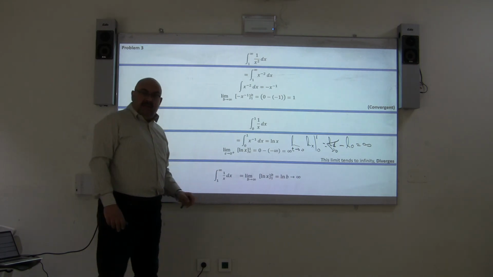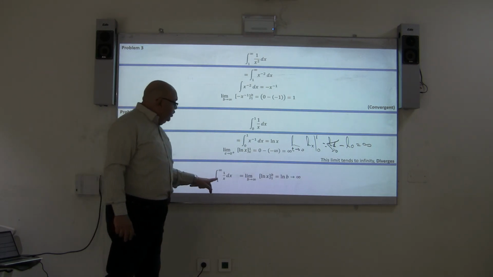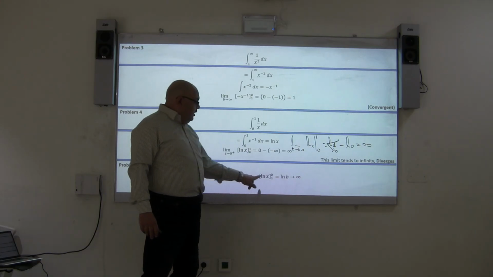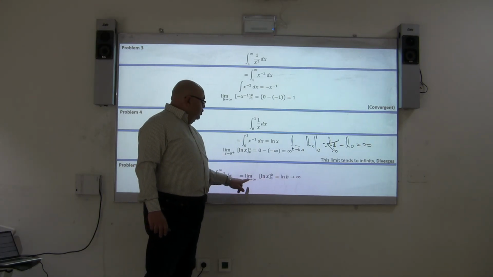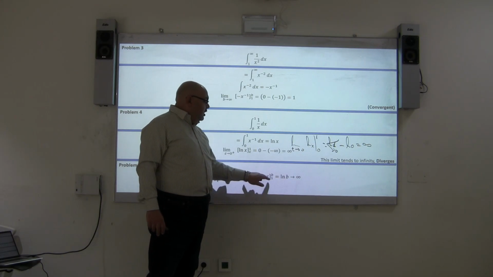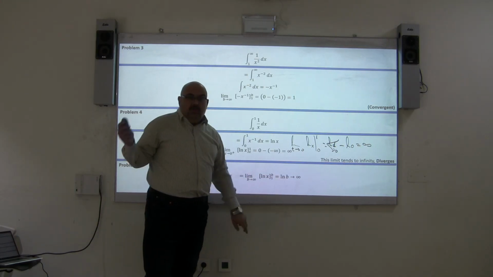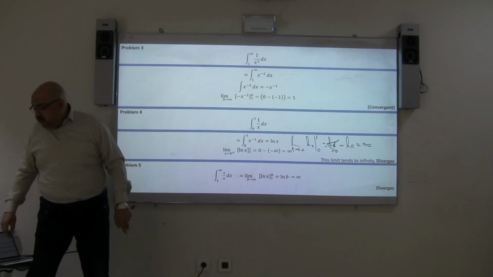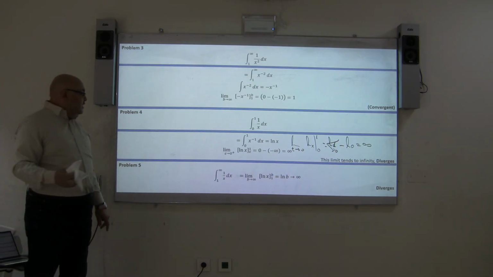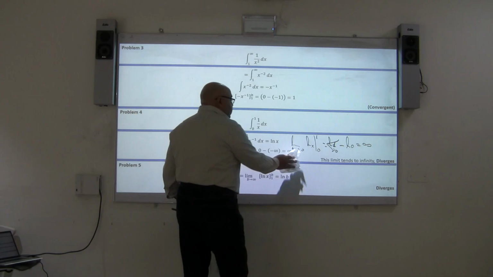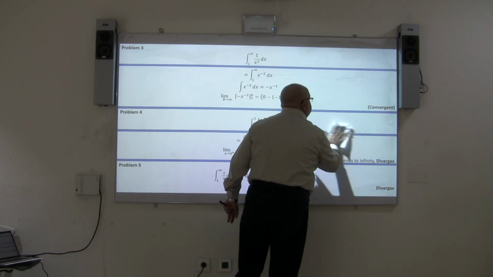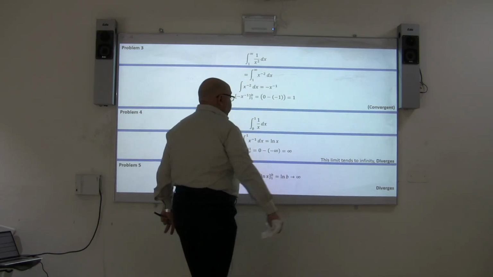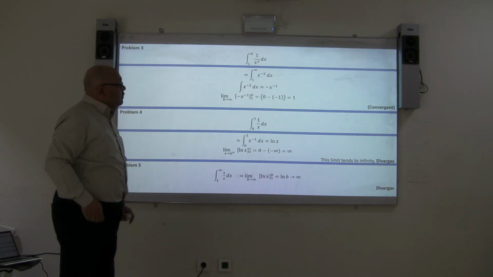Also, this is going to be a divergent integration, because once you integrate 1 over x, it's going to be ln of x. Once you use b tends to infinity, it's going to be ln infinity, which tends to infinity, and that's a divergent integration, or as t approaches infinity, the integration will tend to infinity, and so it's a divergent integration, as you can see.